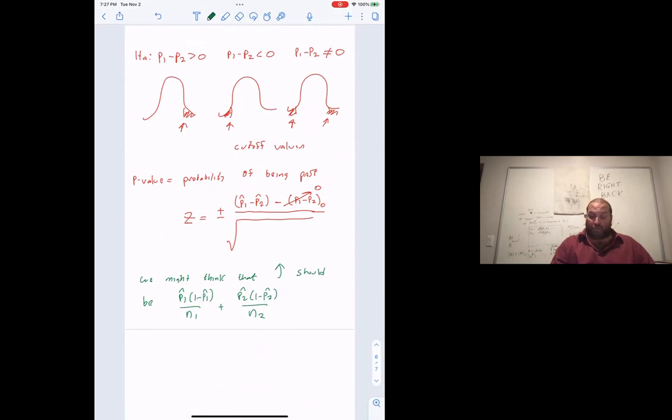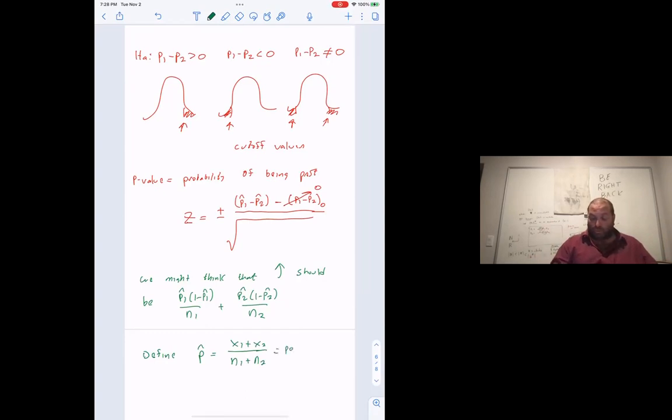And if p1 and p2 are really the same, then we want to utilize that fact in the formula, and we do. What we do is we actually don't consider the first sample and the second sample separately. We pool the results together. We define p hat, not p1 hat or p2 hat, to be the total number of successes divided by the total number that we are sampling between the two groups.